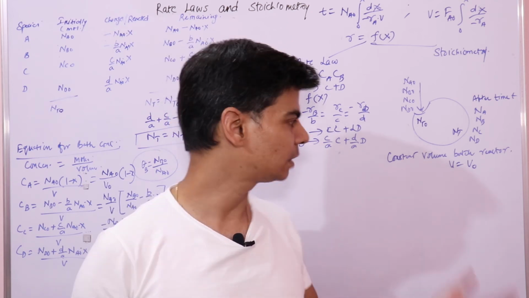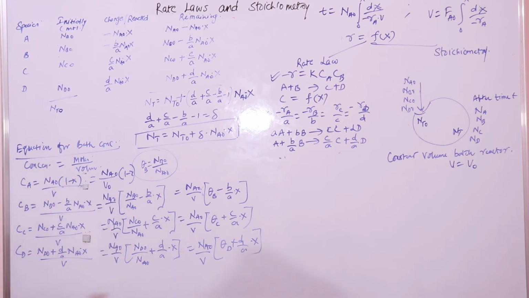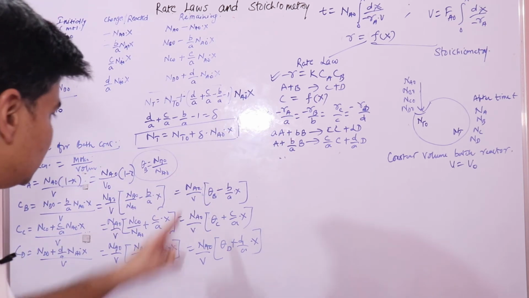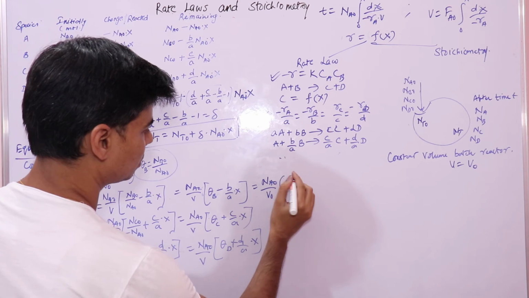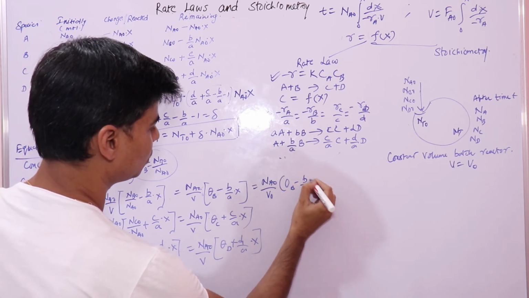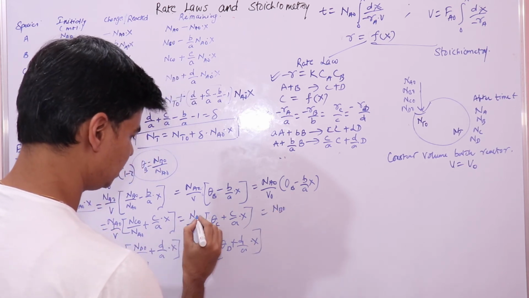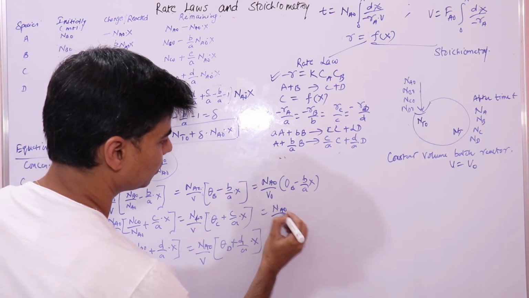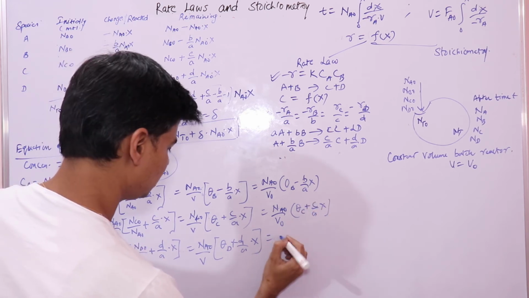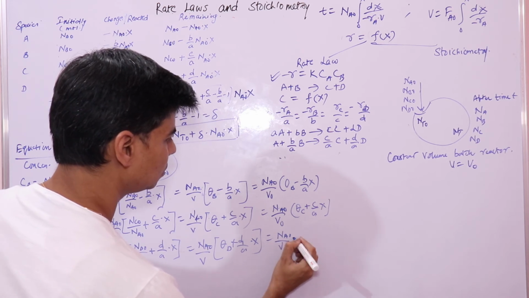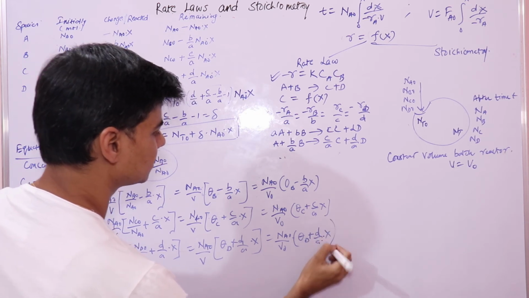If density is not affected, that means volume will remain the same. So, as we have considered constant volume for the batch reactor, this equation will become Na0 upon V0 (theta B minus B upon A x). Sorry, it should be Na0 upon V0 (theta C plus C upon A x), and this is Na0 upon V0 (theta D plus D upon A x).